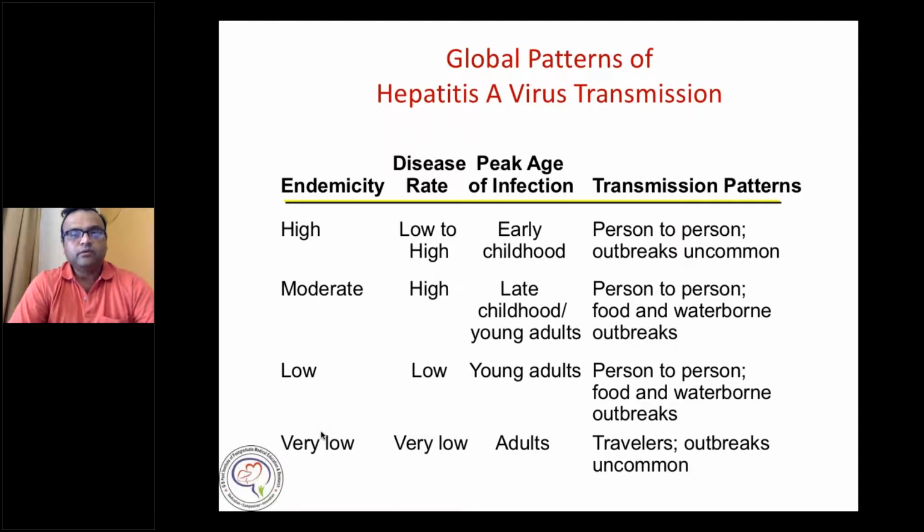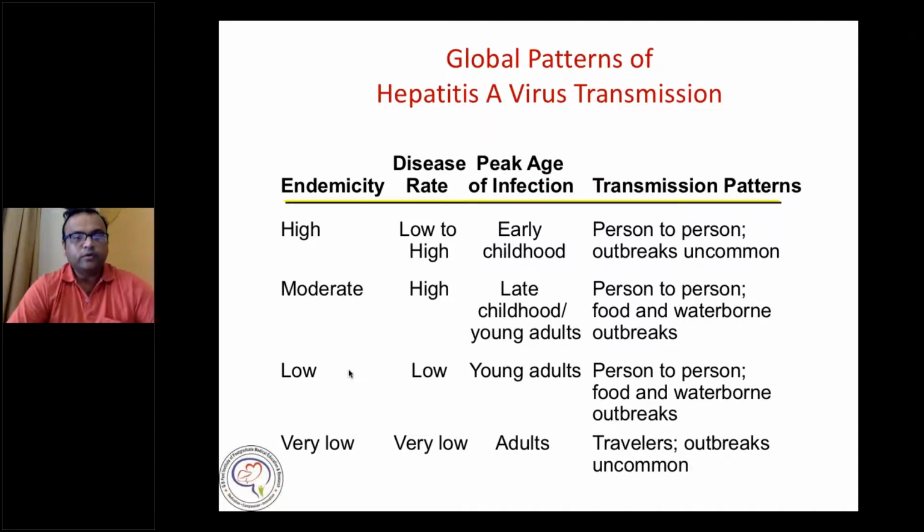If you look at the global scenarios for hepatitis A virus transmission, in a very high endemic region, as we are one of them, person to person contact is very common, and outbreaks usually occur related to food and drinks.